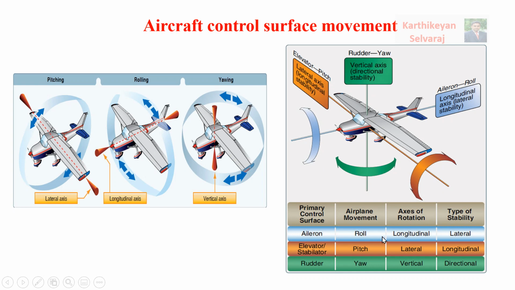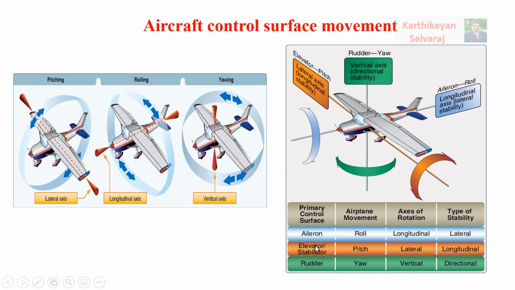At that time the longitudinal axis will rotate. So rotation of the longitudinal axis happens for rolling action. The rolling action will be controlled by the aileron. That will be helpful to make lateral stability. So lateral stability will be achieved by the aileron movement. Similarly, elevator, pitching action and lateral axis. The movement of the lateral axis will be the pitching action.